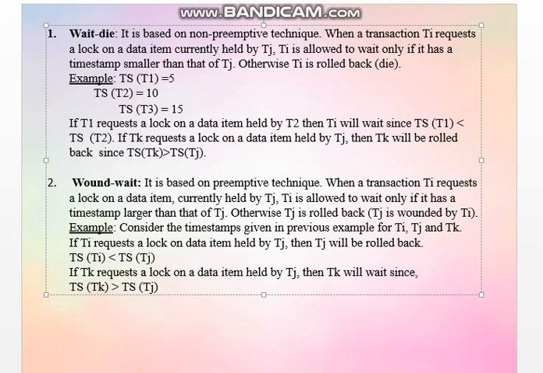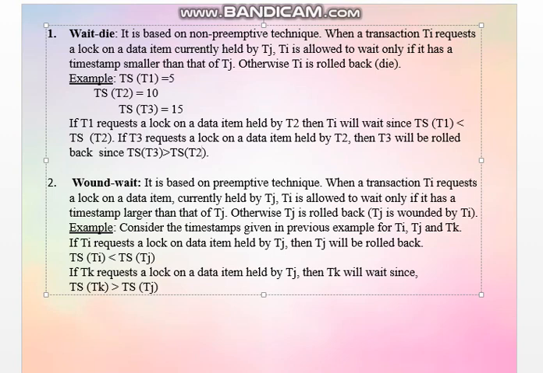If another transaction T3 requires the data item held by transaction T2, then T3 will be rolled back. Why? Because the timestamp of T3 is greater than the timestamp of T2.